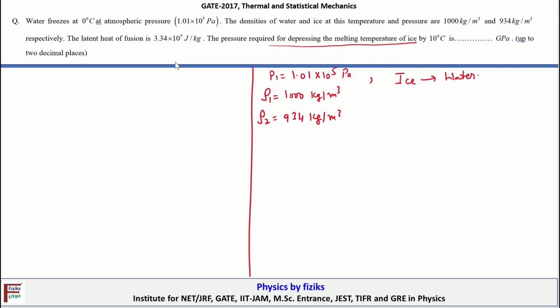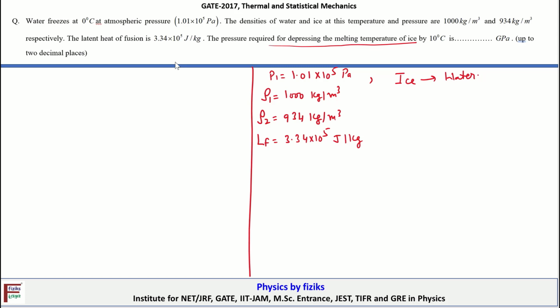That's the data given to us. Also the latent heat of fusion, LF, is equal to 3.34 into 10 power 5 joule per kilogram. Now let's try to understand.